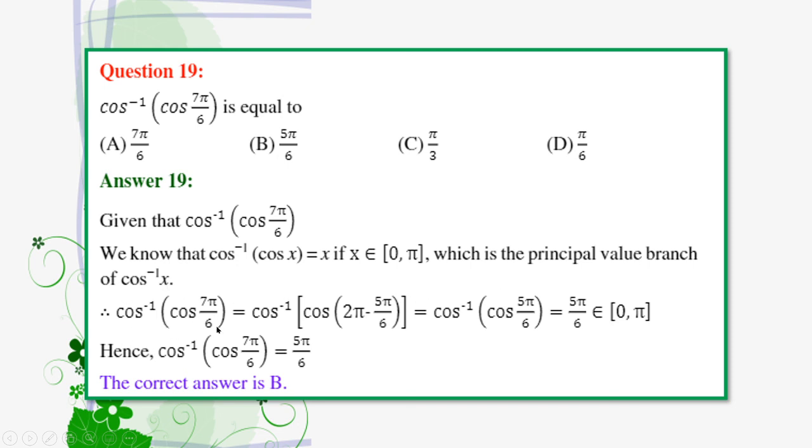Now cos inverse cos 7 pi by 6 can be written as cos inverse cos of 2 pi minus 5 pi by 6, and then cos of 2 pi minus theta is equal to cos theta. Cos 5 pi by 6, cos inverse and cos cancel, 5 pi by 6 is the answer because 5 pi by 6 lies in this interval. So the correct answer is 5 pi by 6.